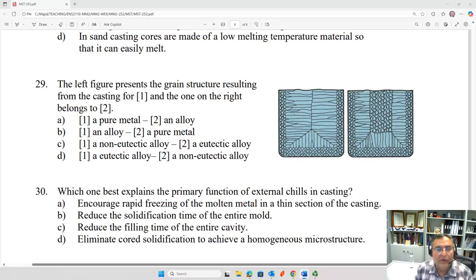It will have this function to some extent, but this is not the primary function. C, reduce the filling time of the entire cavity. This is not the case at all. And D, eliminate cold solidification to achieve a homogeneous microstructure. This is not the primary function of using chills. So the right answer is A. Thank you.